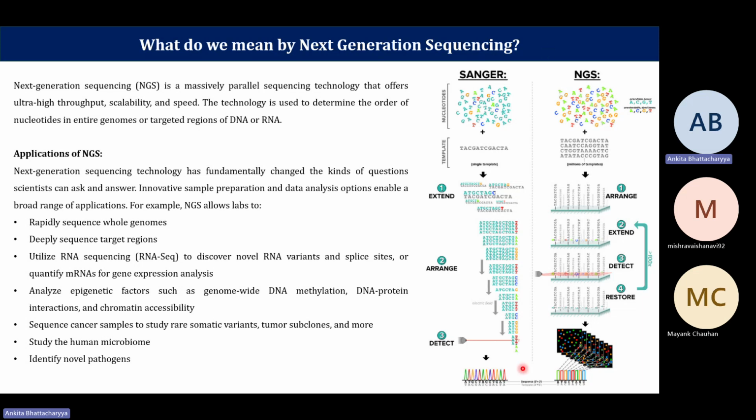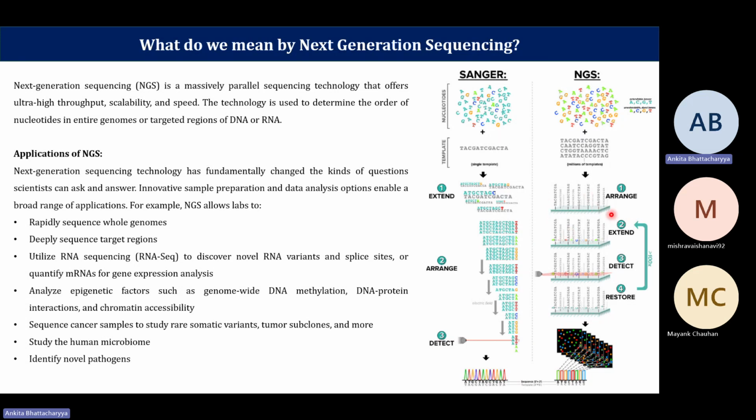But if you look here, you'll see that the difference between these two techniques is quite stark. In Sanger sequencing, you have one single template that undergoes multiple rounds of sequencing. You carry out extension and then detect the order of the sequences. Versus in NGS, you have millions and millions of templates, which are the result of signal amplification strategies using PCR and different methods, which are then arranged on a flow cell, which is like a slide.